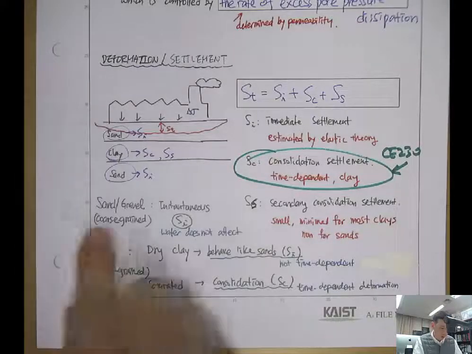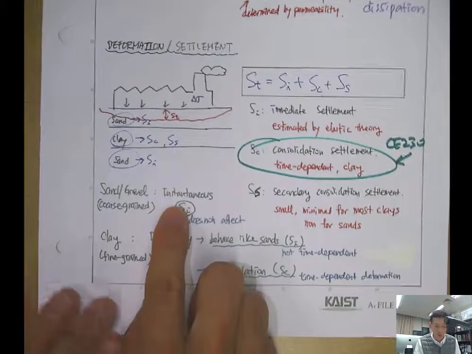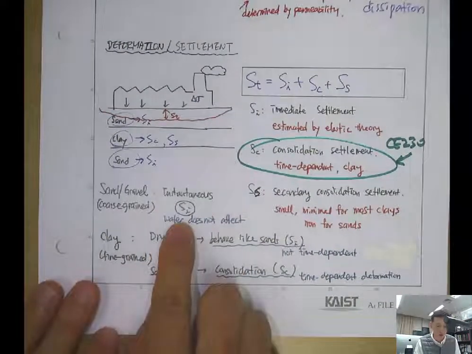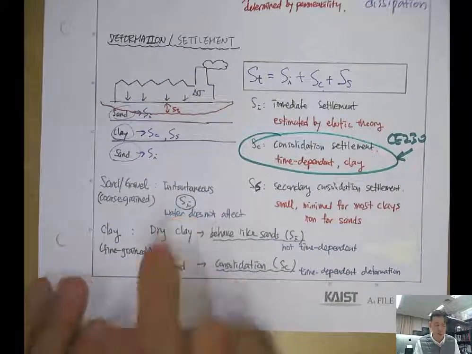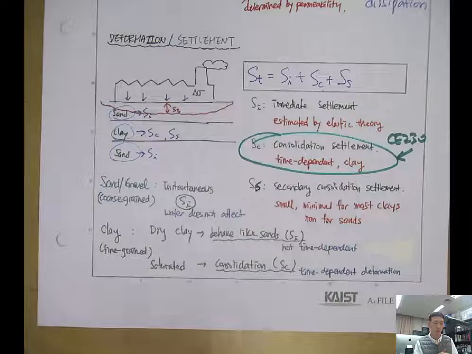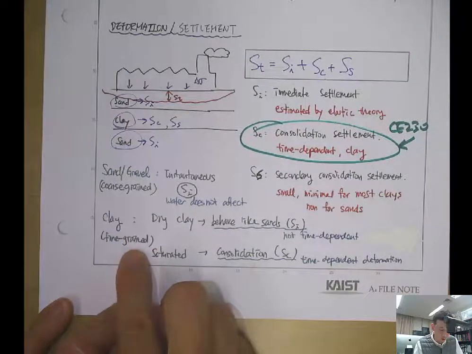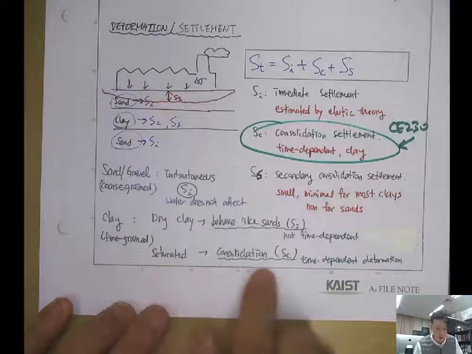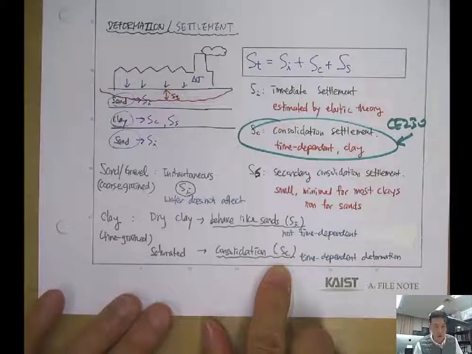Okay, in coarse grain soil, you get mostly the instantaneous settlement, Si, because the water does not affect the deformation in coarse grain soil, because the water can escape very fast because of the high permeability. In clay, also in fine grain soil, if it's saturated, consolidation settlement is the major part.